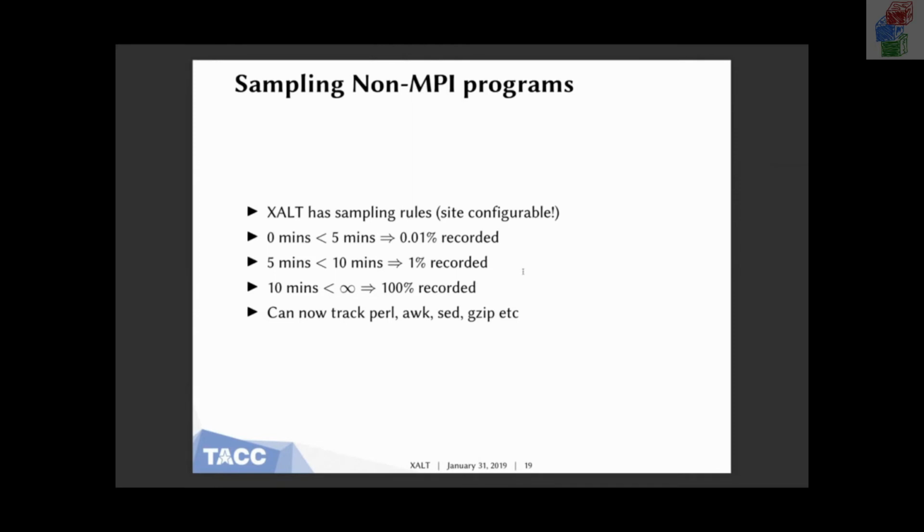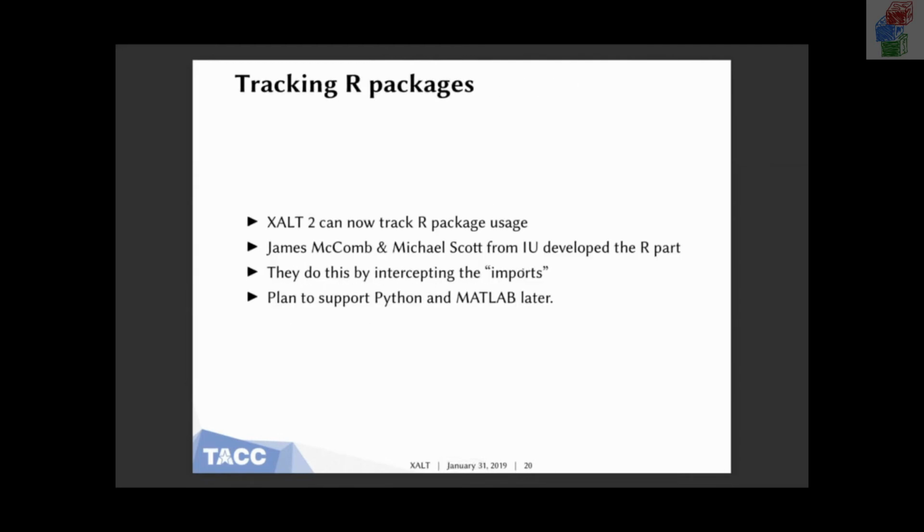So they wanted a way to track that. This gives us a way to do that without overwhelming the database. And then also we can support tracking packages. We've got this running right now for R, and we're looking to add it for Python and MATLAB.